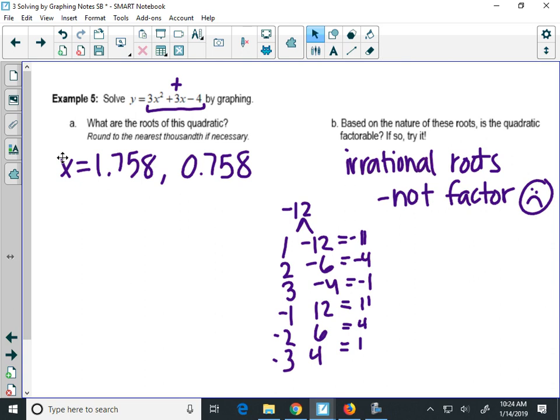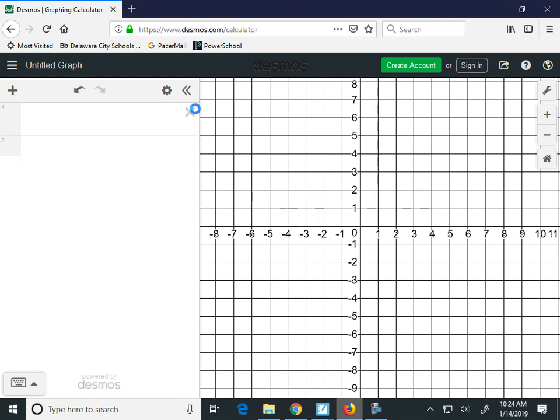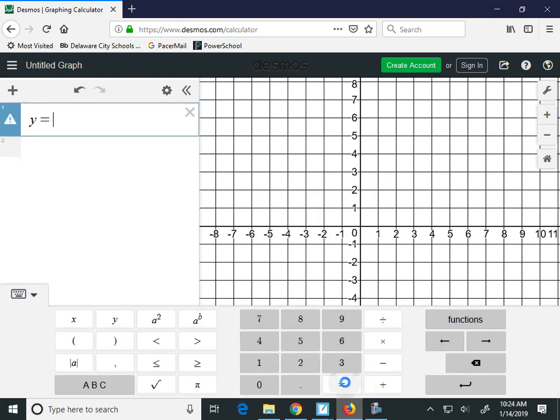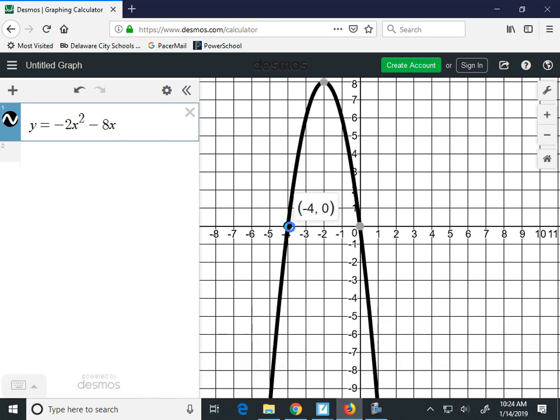All right, the next one, let's graph this, negative 2x squared minus 8x. So y equals negative 2x squared minus 8x. When I look at this, I have roots at negative 4 and 0.